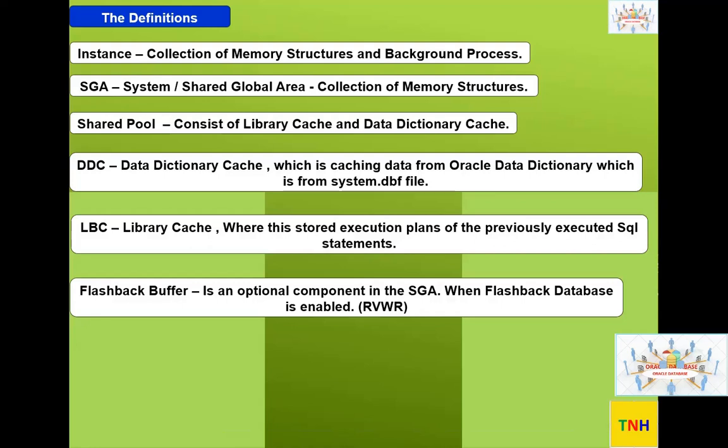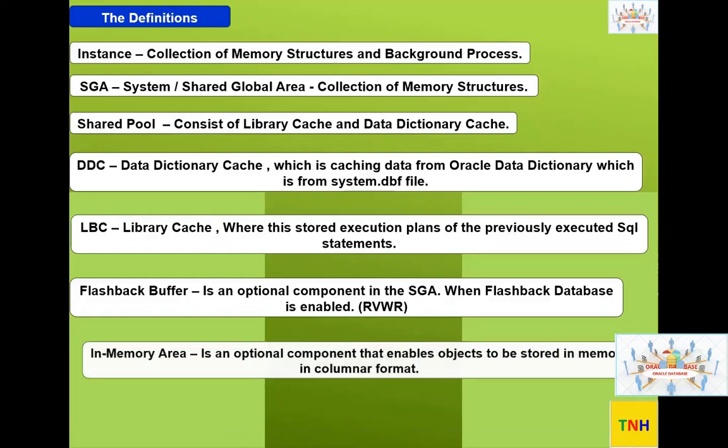Once you enable it, flashback buffer and the recovery writer process will get started, because changes from the database buffer cache will be pushed to the flashback buffer. Not everything, because there's a different mechanism. It is not time to explain that, I'm just telling. Then from the flashback buffer, the recovery writer process will write those things to FLB files. So we will learn it later.